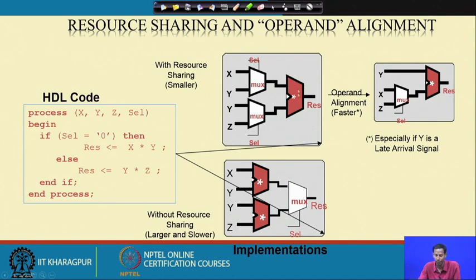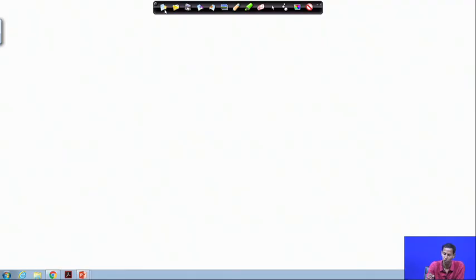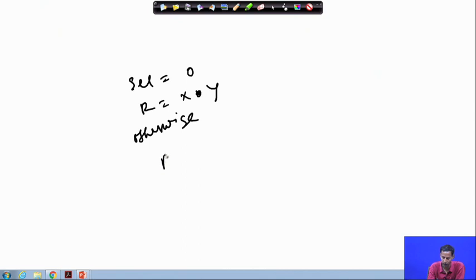So, here I require only one multiplier. I have the logic: select equals 0, at that time r equals x star y, otherwise, that means if select equals 1, r equals y star z.